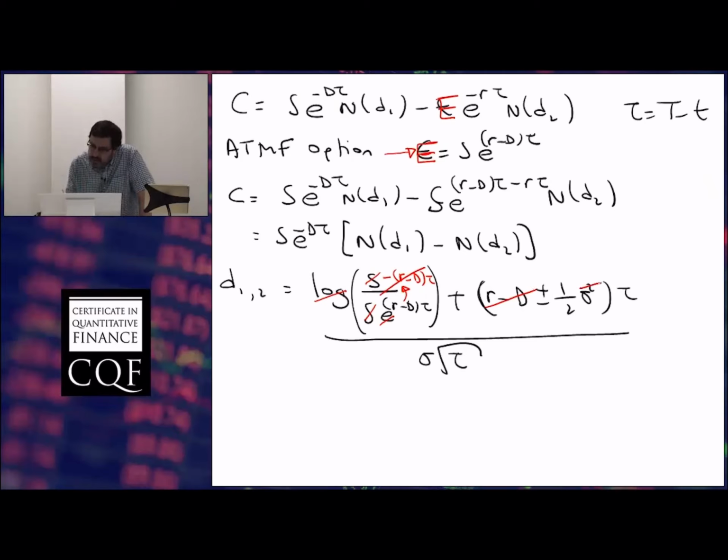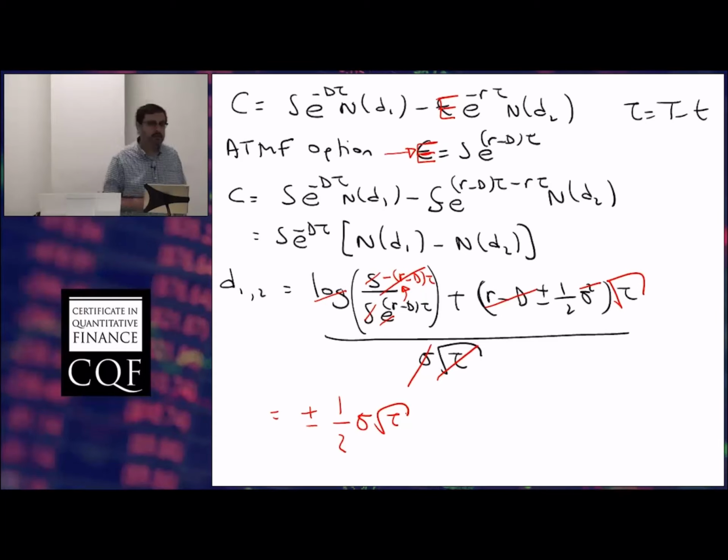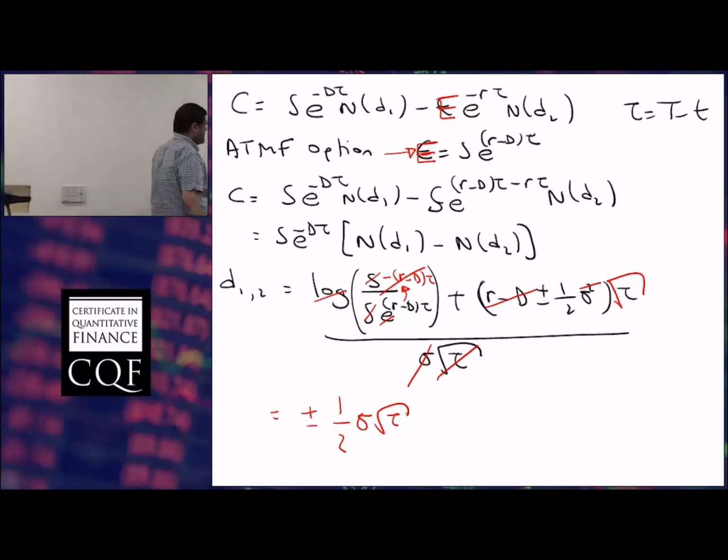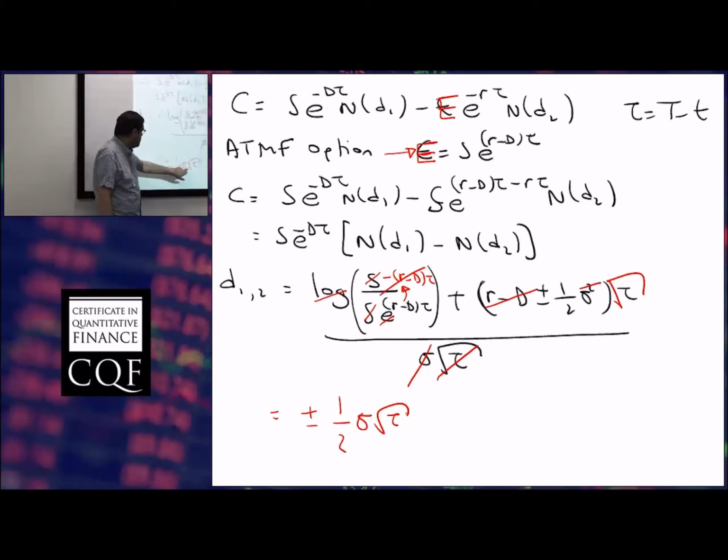That squared goes with that, and then if I cancel this, this becomes the square root. So what we're left with is a very nice thing, which is a half sigma root tau. So d1 is plus a half sigma root tau, d2 is minus a half sigma root tau. And that's what these become.